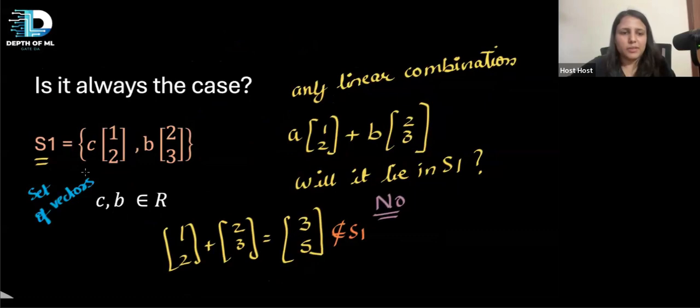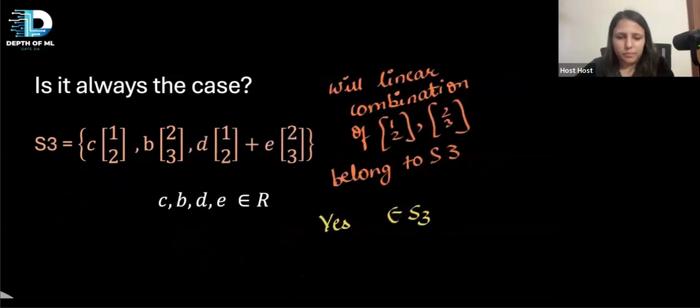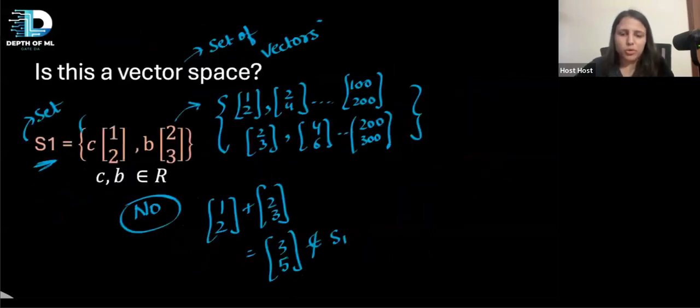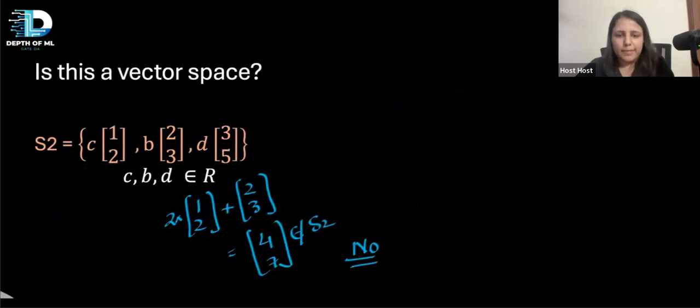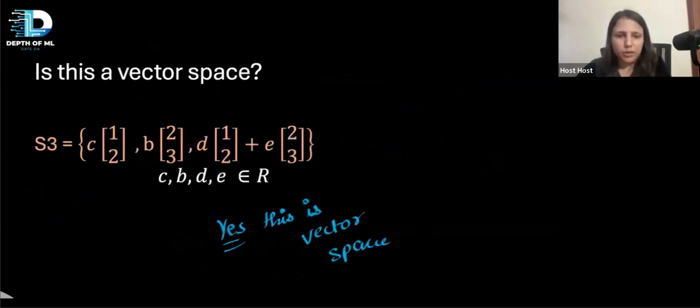Okay. Does anybody have a similar confusion that this was a set and not a span? Fine. I should have emphasized more on the word set. Anyways, thank you for clearing that out. Okay, let's move on.